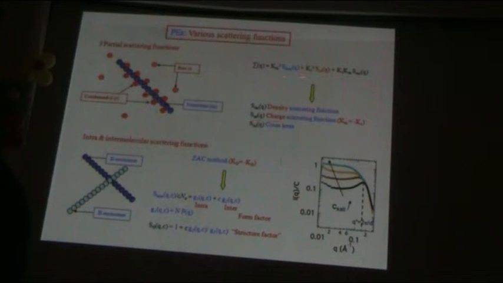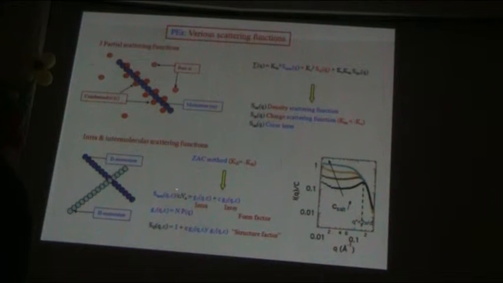Of course, from these partial scattering functions, you could also have information about not only the density or the molecular structures, but also the dielectric structures. So you can also extract what the theoreticians call the charge structure functions.